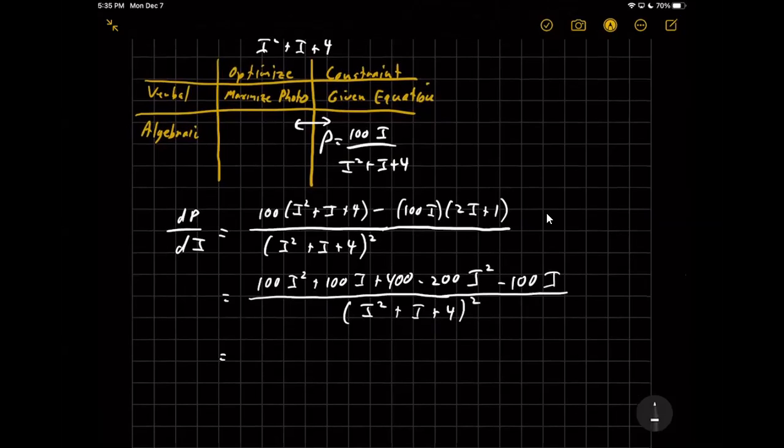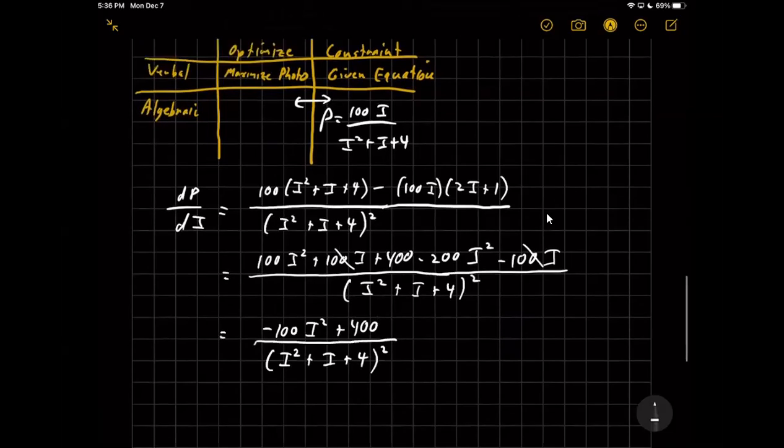All right, and then we have 100. So if we look at this, it looks like we have negative 100 I squared. Okay, and then the 100I and the negative 100I look like they cancel out. Just double check, that looks right. Okay, and then we have plus 400 in the numerator all over I squared plus I plus 4, the quantity squared.